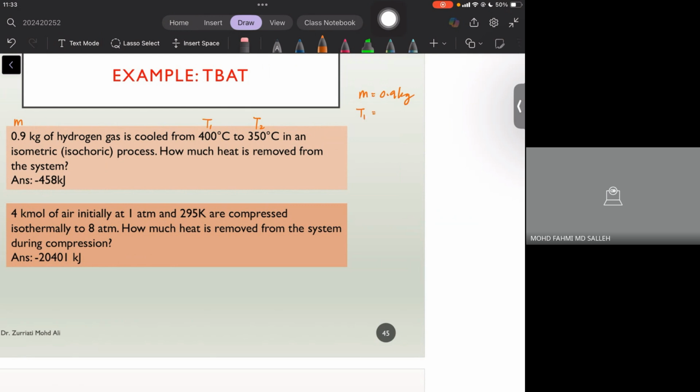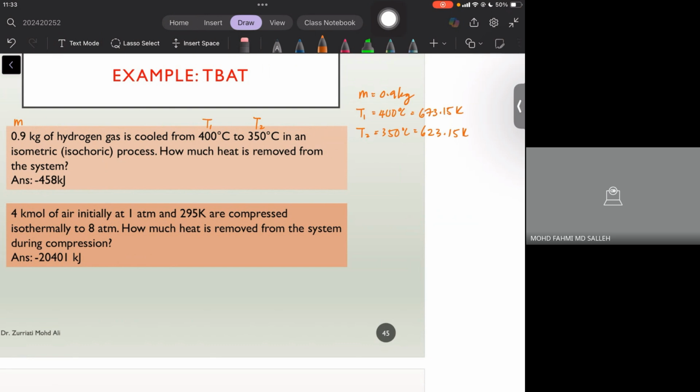Temperature T1 is 400 degrees Celsius, which is equal to 673.15 Kelvin. T2 is 350 degrees Celsius, equal to 623.15 Kelvin. And this is an isochoric process.